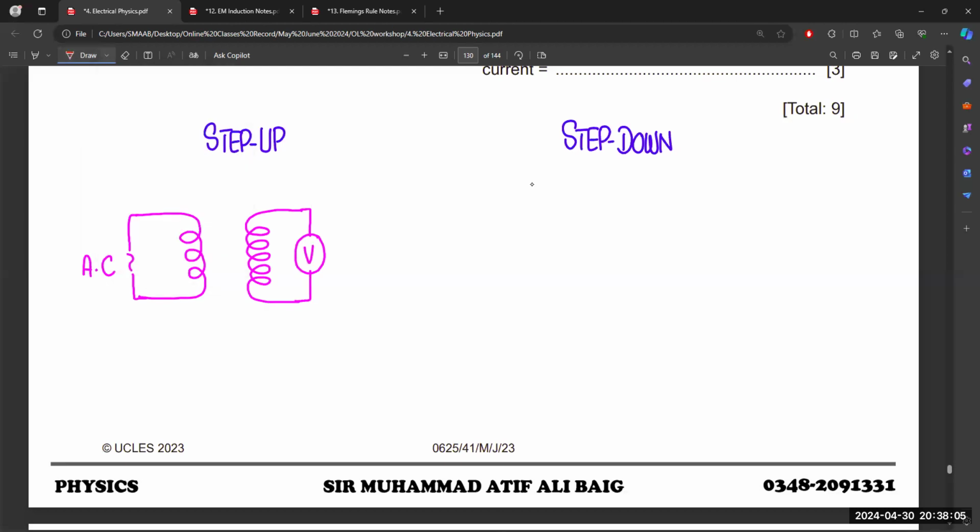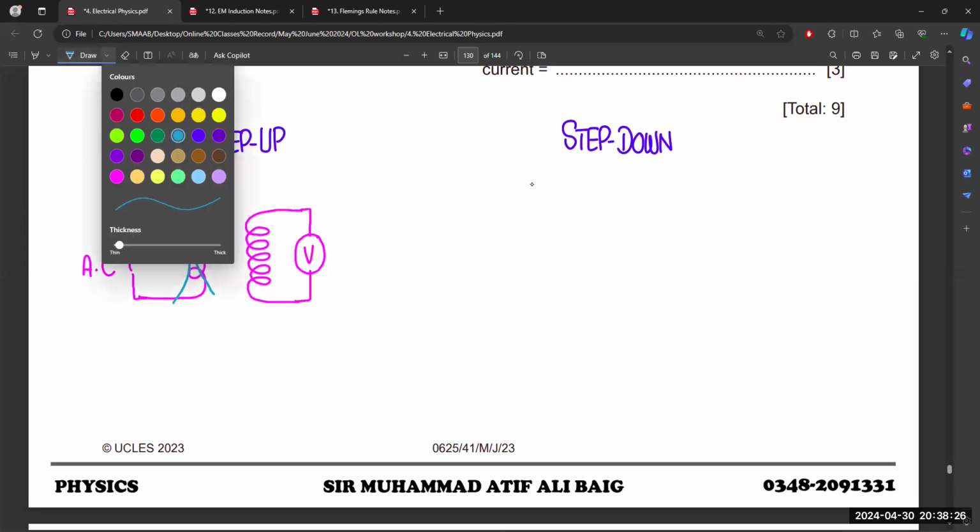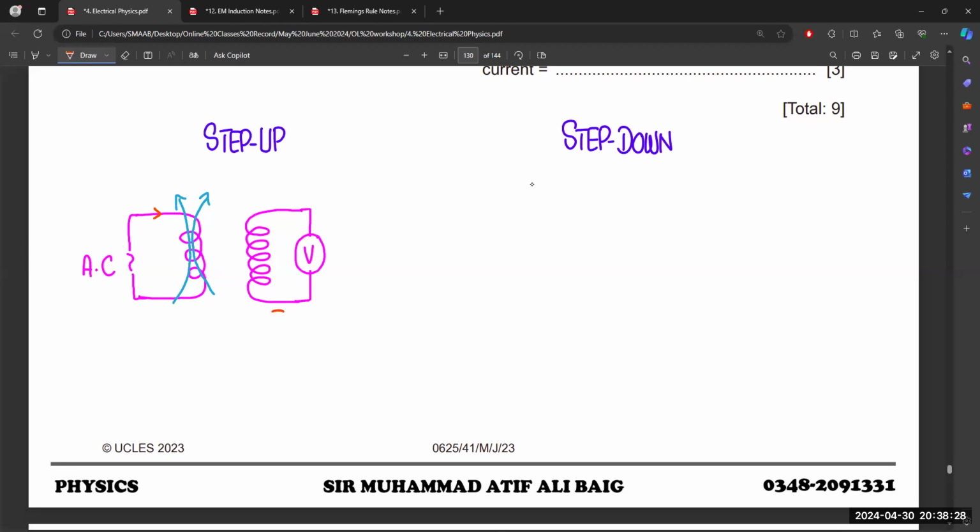Current starts to flow from one coil, and it will generate a magnetic field around it. Right? So a magnetic field generates around it, and due to the change in the magnetic flux linkage, an EMF is induced in the second coil, just like electromagnetic induction.